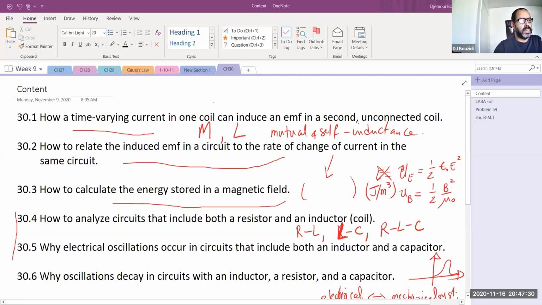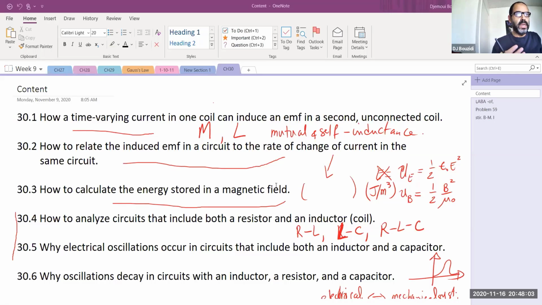So these are the things we did last time. We defined the mutual inductance, when I have two coils influencing one another. The primary coil, or coil number 1, has a current running through it, so it's going to create its own magnetic field. That magnetic field is going to vary with time, because the current is an alternating, changing current.